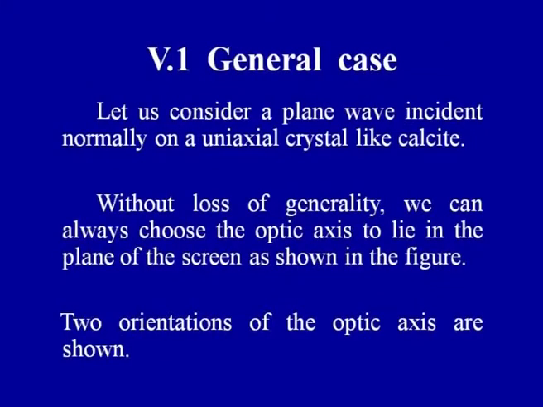Let us consider the general propagation in a doubly refracting crystal. Let us consider a wave incident normally on a uniaxial crystal like calcite. Without loss of generality, we can always choose the optic axis to lie in the plane of the screen as shown in the figure. Two orientations of the optic axis are shown.